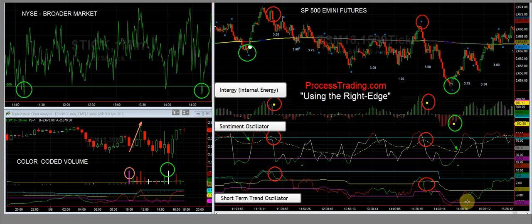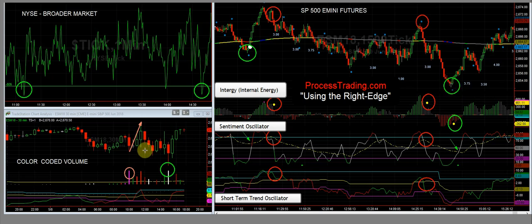As well, the short-term trend oscillator here now starts to slope upward and confirm, along with the other indicators, that we've made a high probability decision. And you can see from the trend where that went up, there's more significant points that you take out of the S&P Mini 500. So you can trade one contract here and make significant money with low risk, high probability decisions, but you have to have the tools to make the decisions.